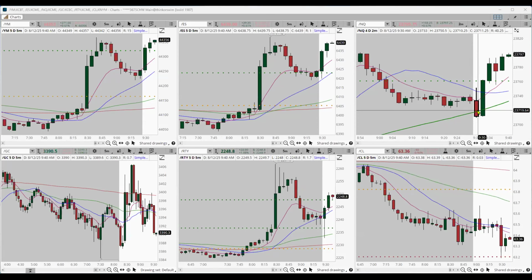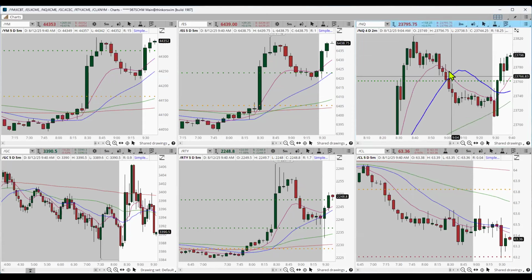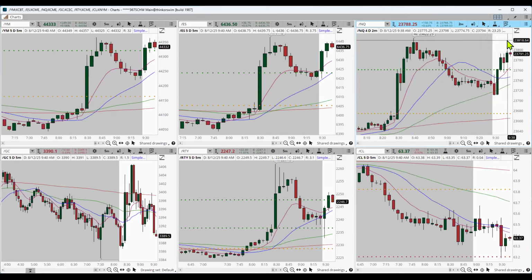And by the way, let me show you, this is the resistance that we're getting at 800, so you can see why we're stalling here. For a period of time from 844 to 856, we had range-bound action before the pullback, and the price action is reading this as resistance.